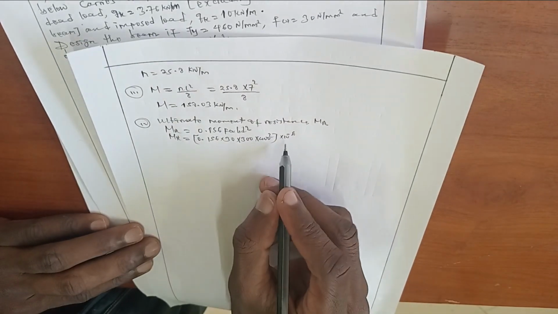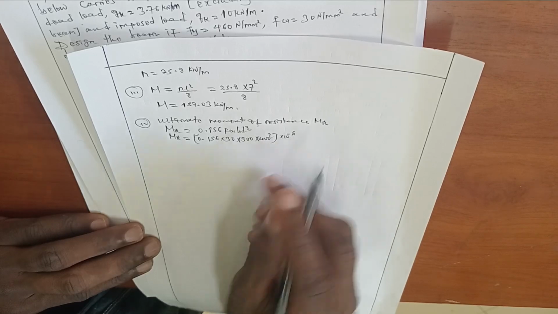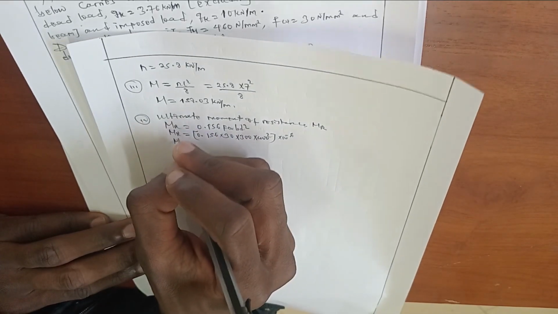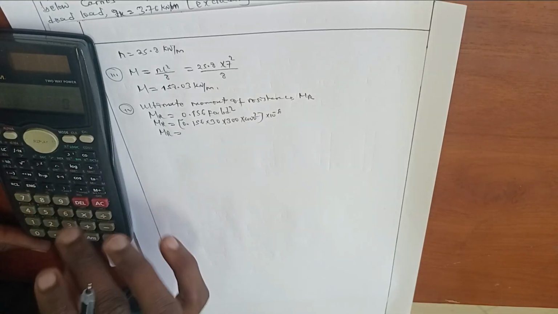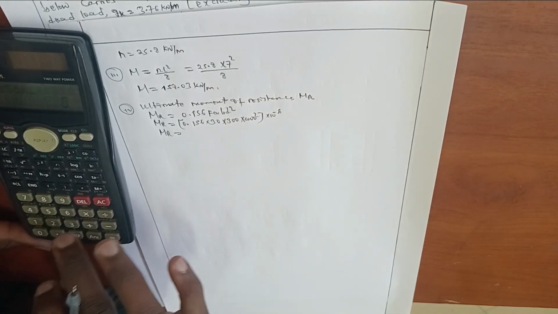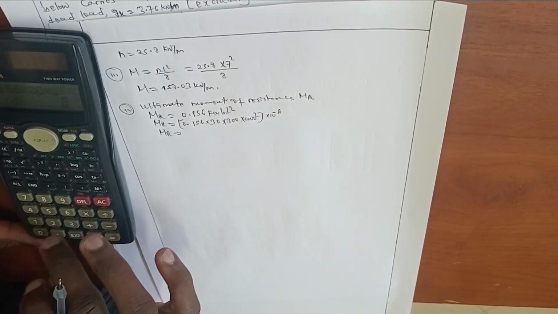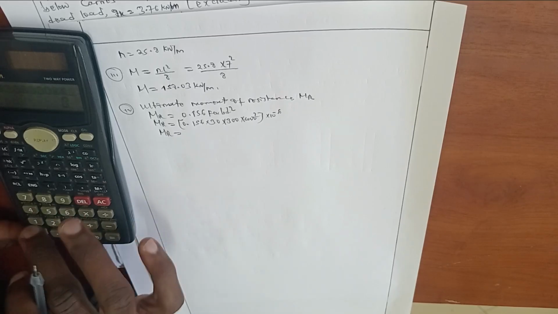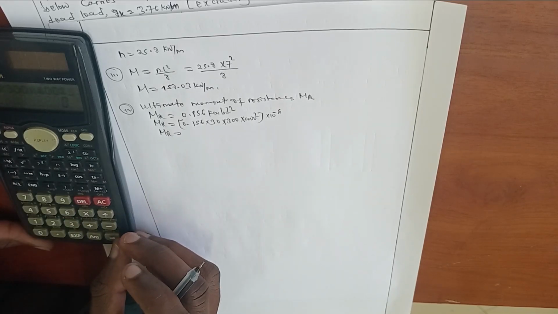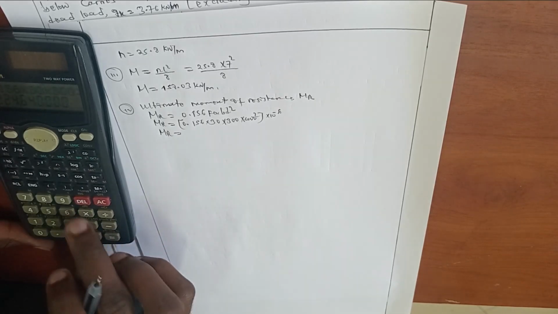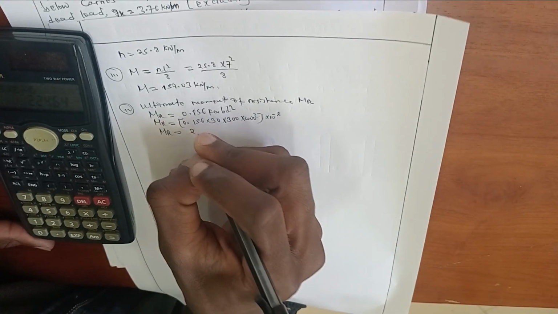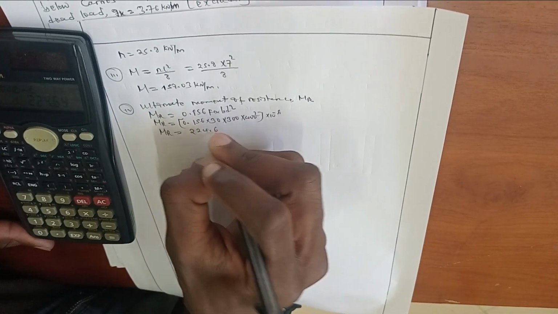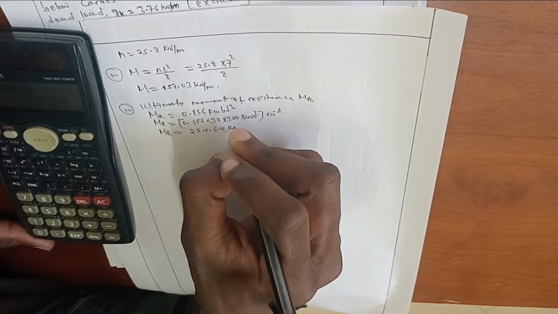That's why we multiply by power -6. Therefore, the ultimate moment of resistance is 0.156 times 30 times 300 times 400 square times 10 to the power -6. It will be equal to 224.64 kilonewton meter.